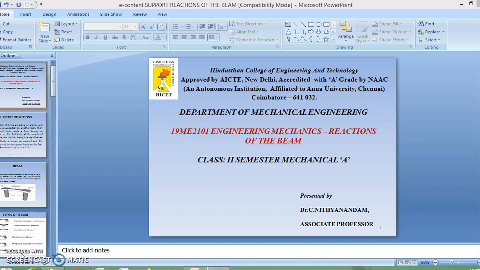Then, what is a beam, what are the supports, and what are the various loads applied on the beam? Now we go to the topic.